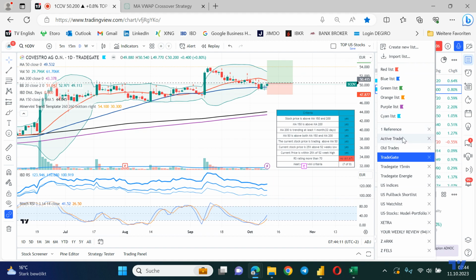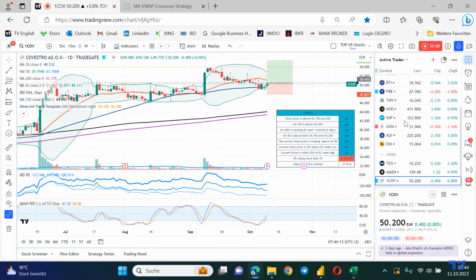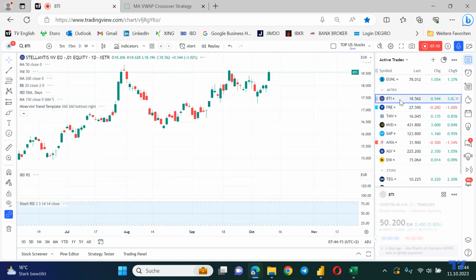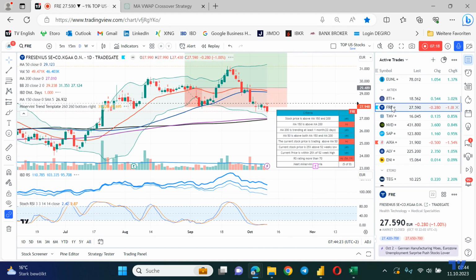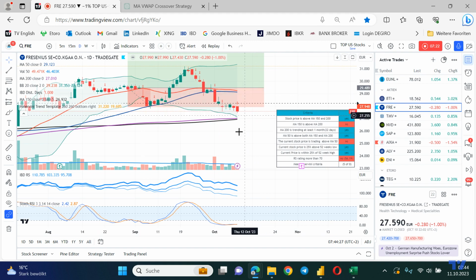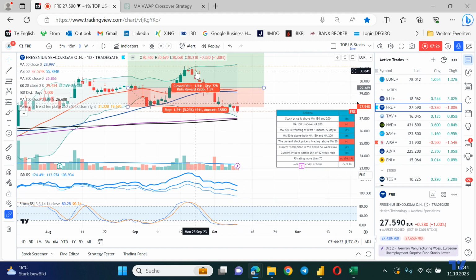Let's also take a quick look at our current portfolio, if there are any red flags now. That's looking good. HCI is looking good. Fresenius now, it's still looking good because this pullback here, with one exception, is under light volume. So that looks good.